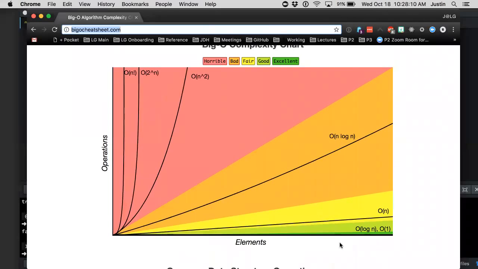So n and 2n is not a difference of an order of magnitude. n and n squared is a difference of multiple orders of magnitude, right? So this is a different order of magnitude. This is a different order of magnitude. This is a different order of magnitude. And one of the things I've always been told that helped me understand it is that you're assuming the worst case scenario. You're assuming that you have to go through every single thing.